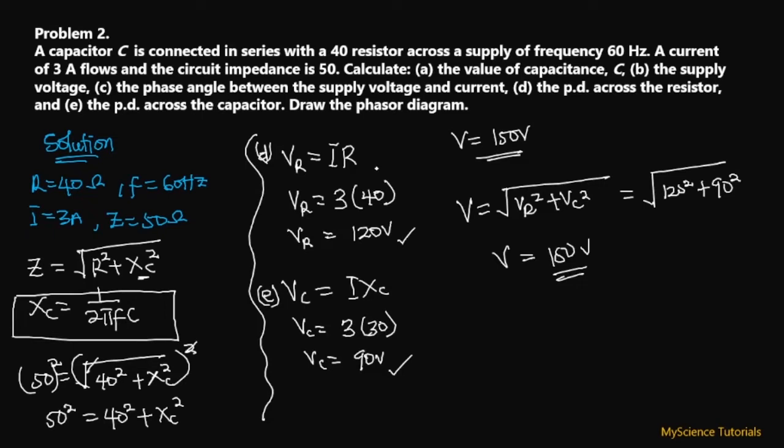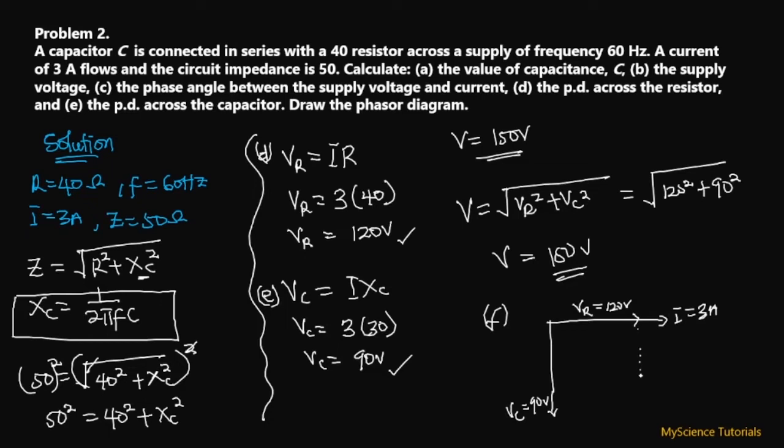Now let's look at the final one. We have to draw the phasor diagram. The phasor diagram F looks like this. We have our current here, which is 3 amperes. Then we have our resistive voltage, which is 120 volts, and our capacitive voltage, which is 90 volts.